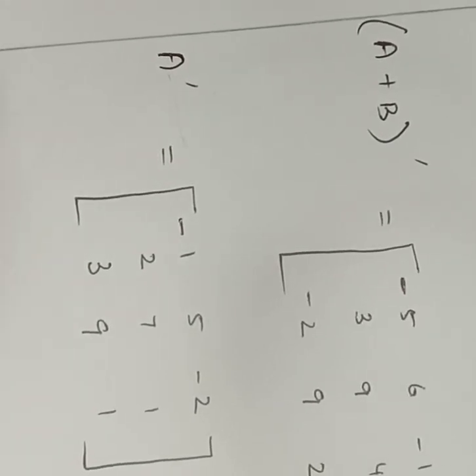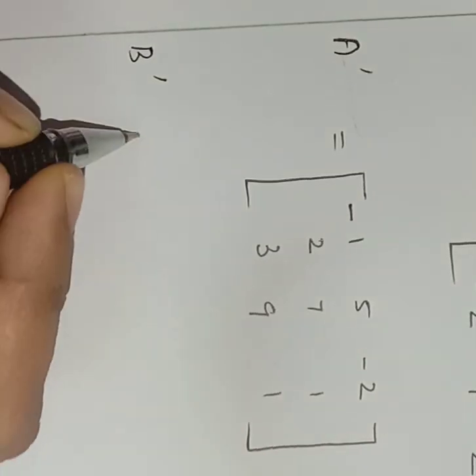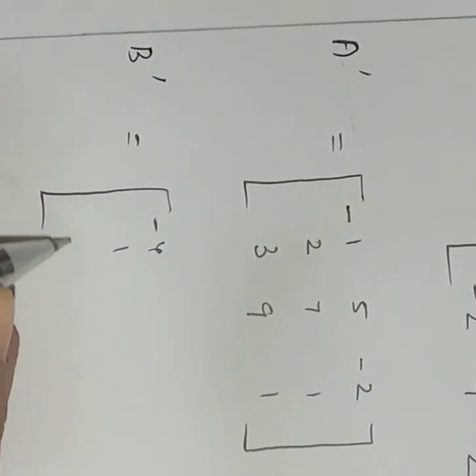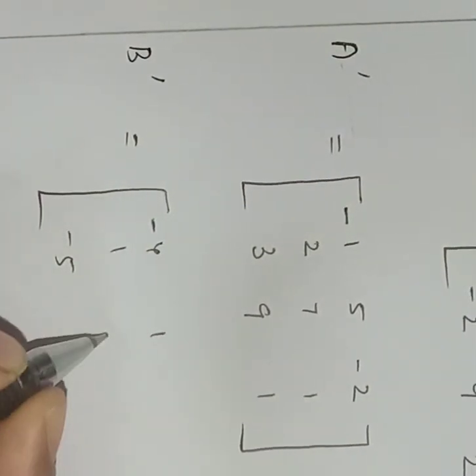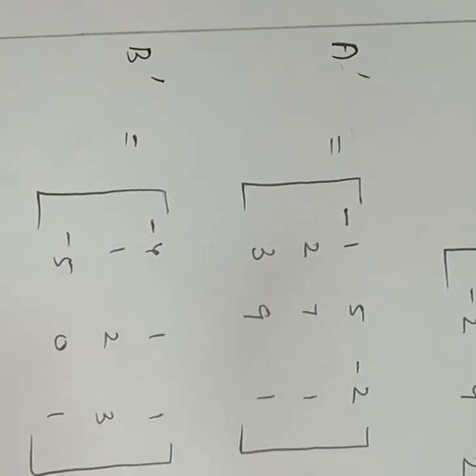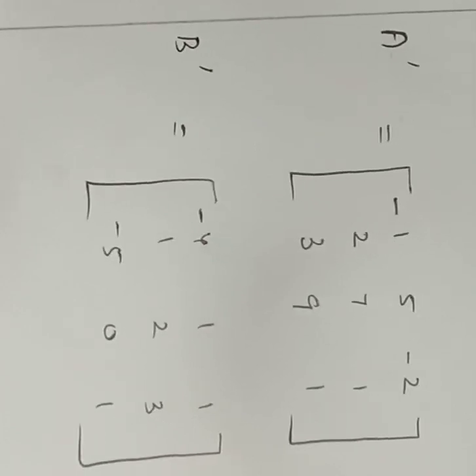And B dash, the same way, I am going to find the transpose of B, that is minus 4, 1, minus 5, 1, 2, 0, 1, 3, 1, right? So now you should find A dash plus B dash.